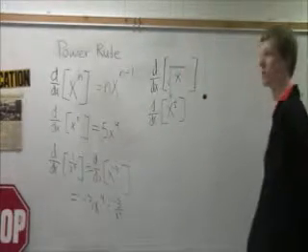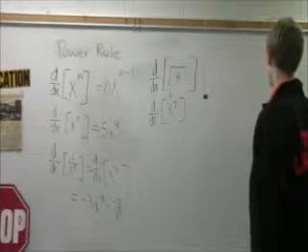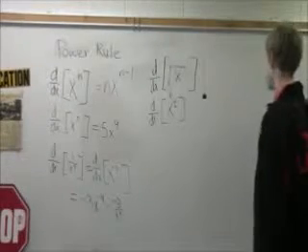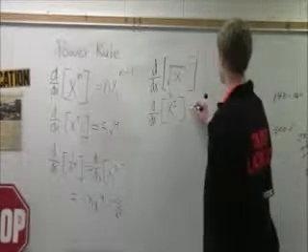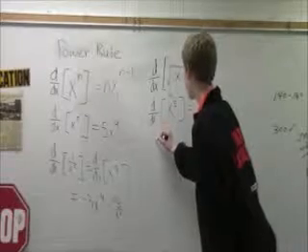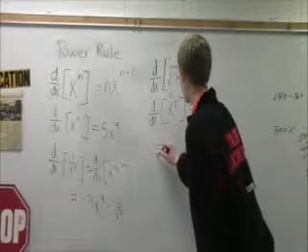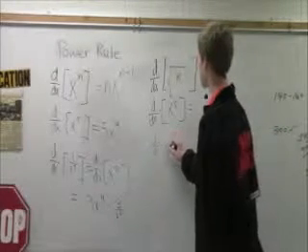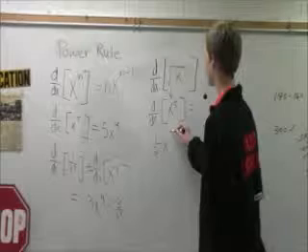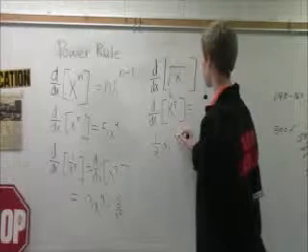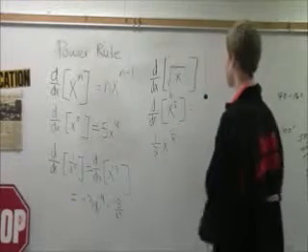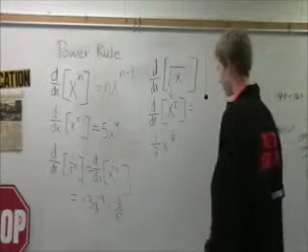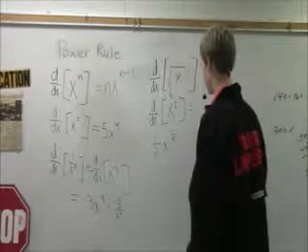Now don't get confused here. This is just allowing us to implement the power rule into this problem. So this would then equal 1/2 x to the negative 1/2. Don't forget to simplify this though, so the final answer would be 1 divided by 2 times the square root of x.